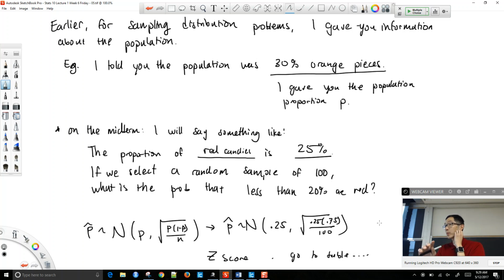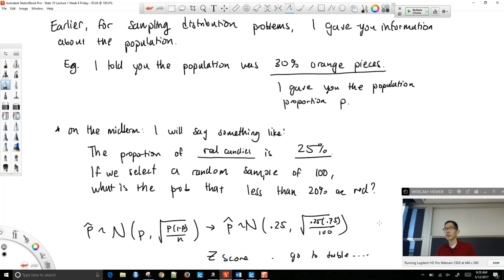I gave you the population information, and I asked you a question about a random sample. But in real life, we generally don't have this population information. The whole point of statistics is that we don't know what the population looks like, and we've only seen a sample. So can we reverse this process?